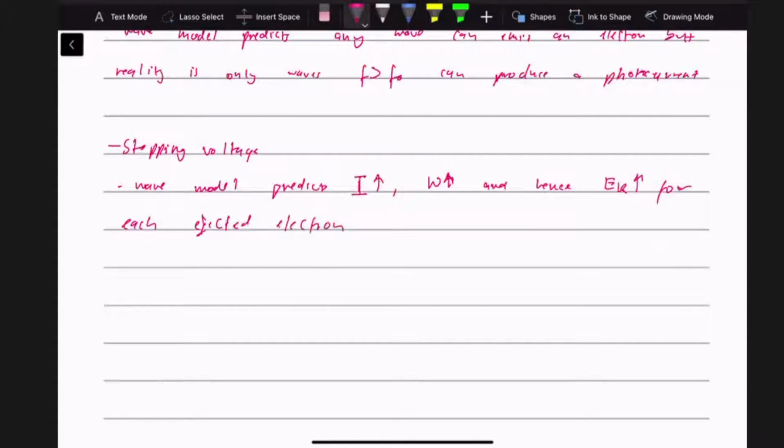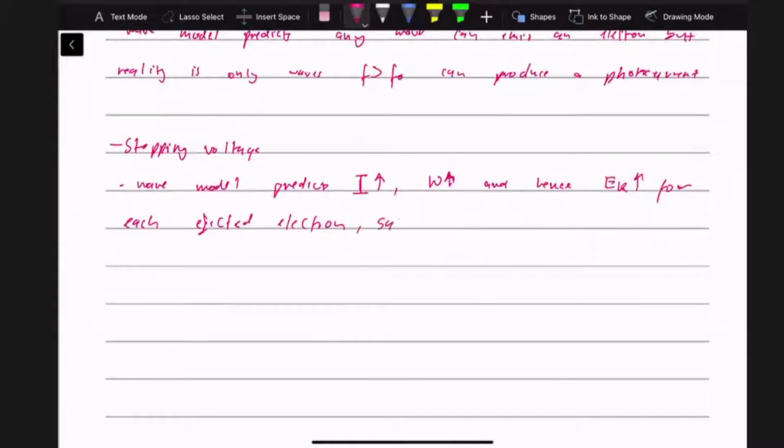But we know that's not true, because intensity only affects the photocurrent, or how many electrons are ejected, and not the kinetic energy of each one. So then we have to mention stopping voltage here: each ejected electron subsequently increasing stopping voltage as well, because if you're increasing EK, then obviously you have to increase V0.